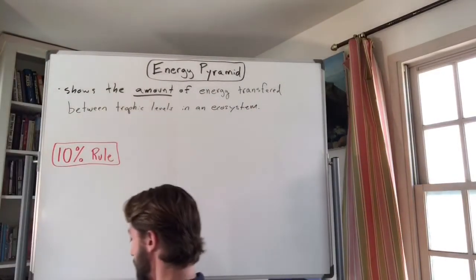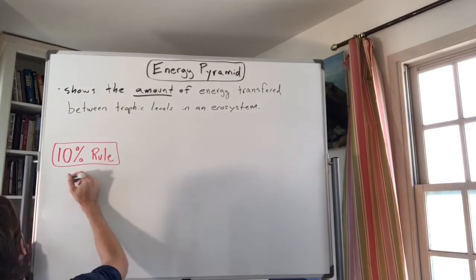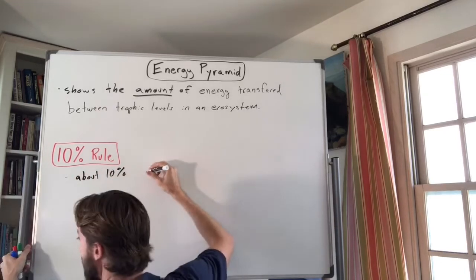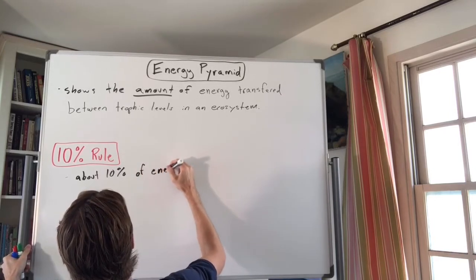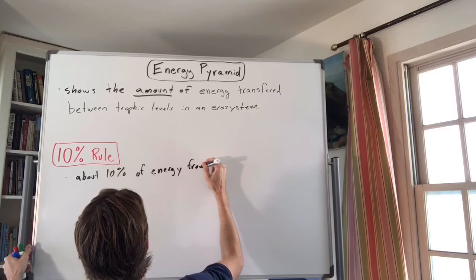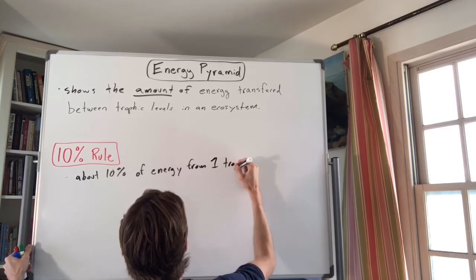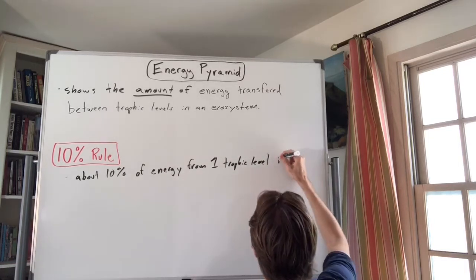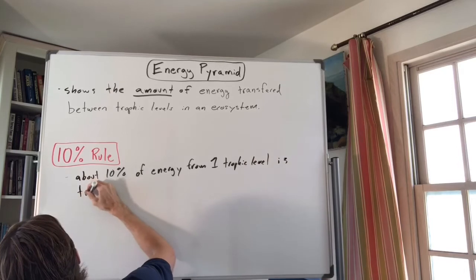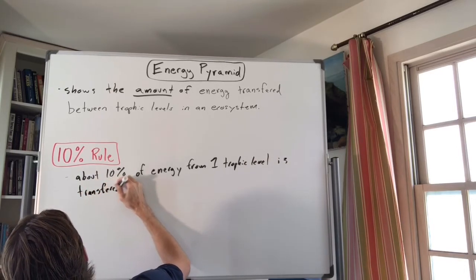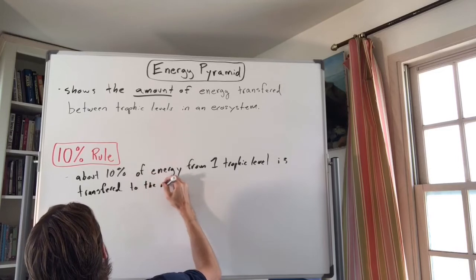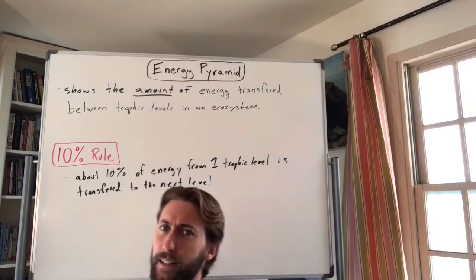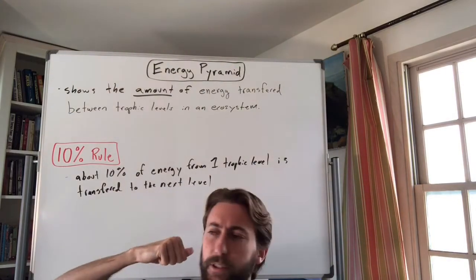The 10% rule says roughly about 10% of energy from one trophic level is transferred to the next level. Only 10%. We talked about it: not every animal is eaten, and you can't digest everything.